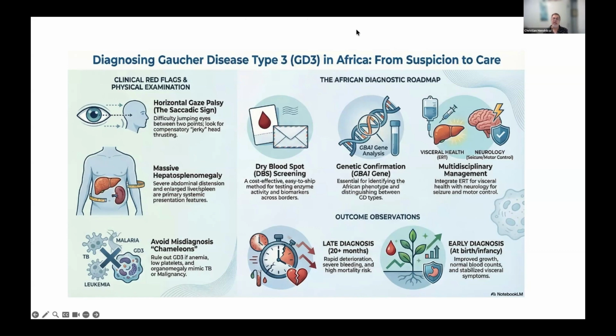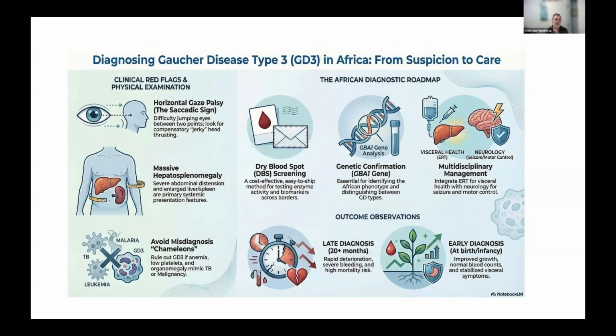So firstly, they said that when diagnosing Gaucher type 3, the important clinical red flags are really the eye movements, difficulty jumping eyes between 2 points, look for the compensatory jerks, and some head thrusting, which I thought was really interesting.